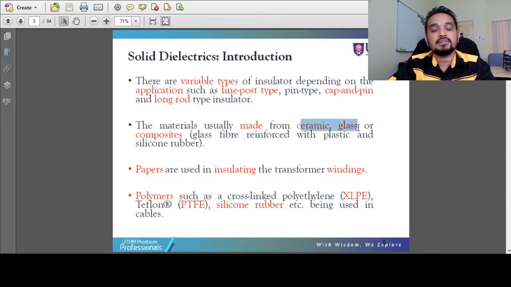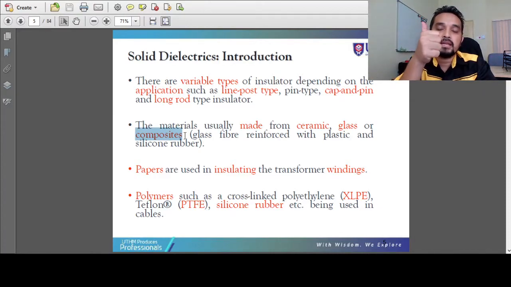Ceramic and glass are the conventional insulators that have been used for many decades, since maybe the 1980s. The composite is the most recent technology that people are switching to from ceramic and glass. Why? What are the advantages of a composite?